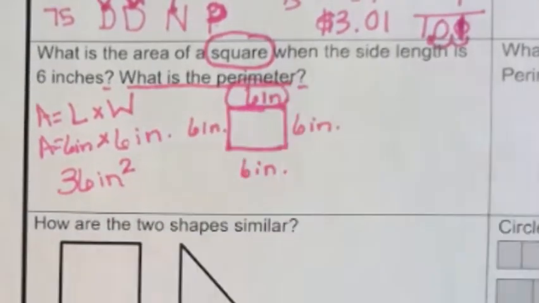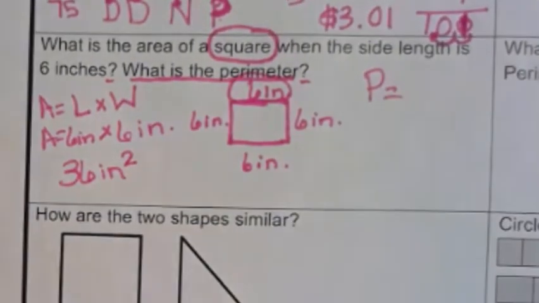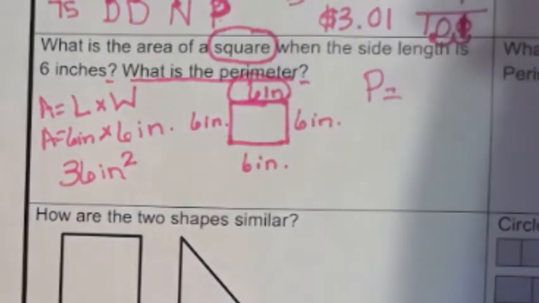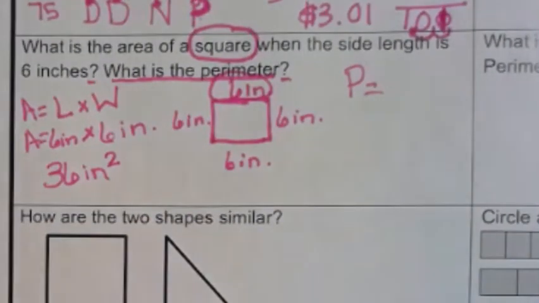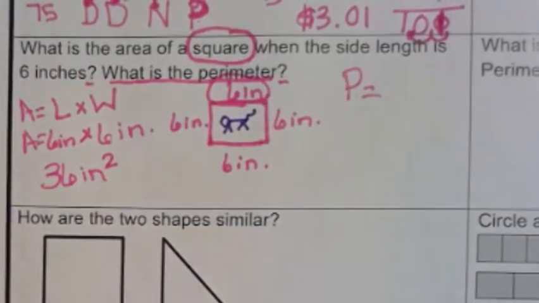And so now we need to look at that second question. That second question is all about perimeter. What do you know about perimeter? Perimeter would be if we were building a fence, the outside of something, all the way around it. I'm going to draw Sparky. Sparky is our mascot in the classroom. He's our little puppy dog, and we don't want Sparky to get out of his fence.